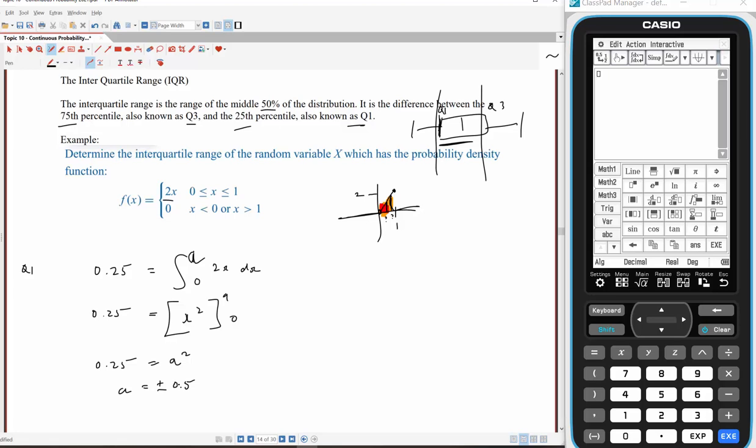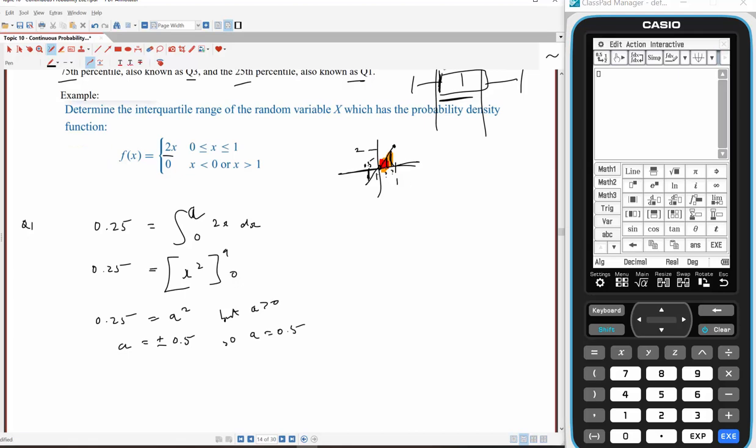Now, why are there two solutions? Well, remember, the negative one is this other one over here. We don't want this one, so we say A is greater than 0. So A equals 0.5. Okay, so Q1 is 0.5.